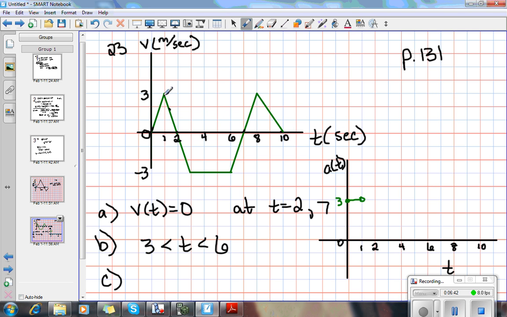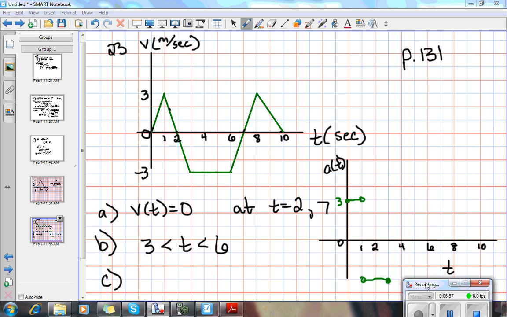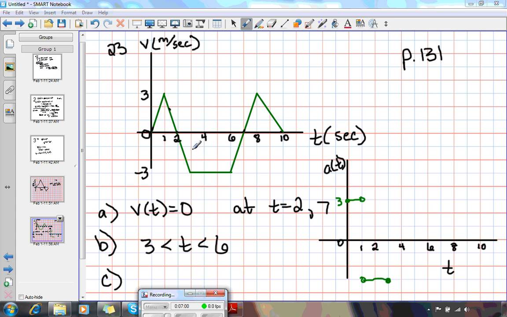And between 1 and 3, I have a slope of -3. Between 3 and 7, I have a slope of 0. By the way, this is an open circle.